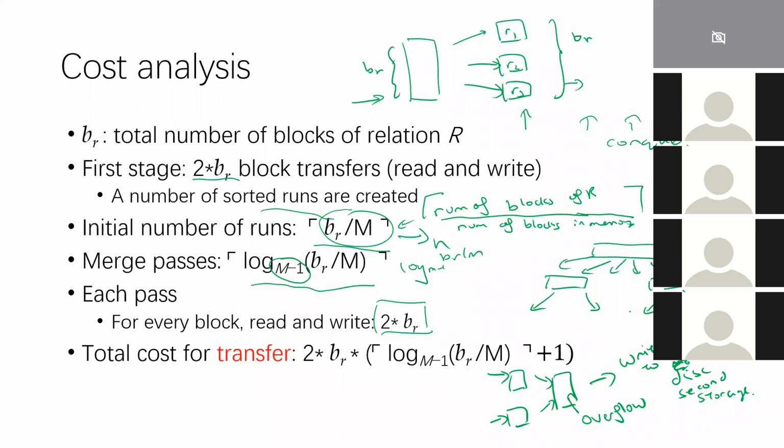So all in all, we have this, which is my divide, and this, which is my merge. Each of them takes 2 times BR. So together the cost of the transfer will be the merge plus divide, which is 1 times 2 times the cost of my block transfer. Okay, all okay?